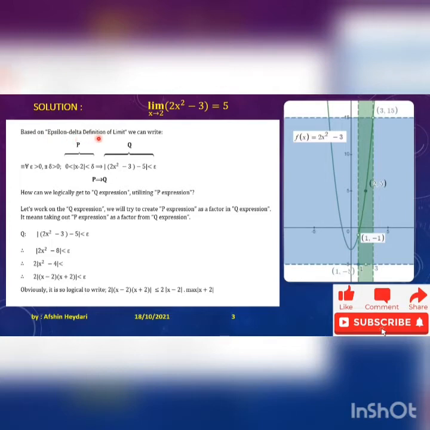Based on epsilon-delta definition of limit, we can write this. This is f of x, c is 2, and L is 5.